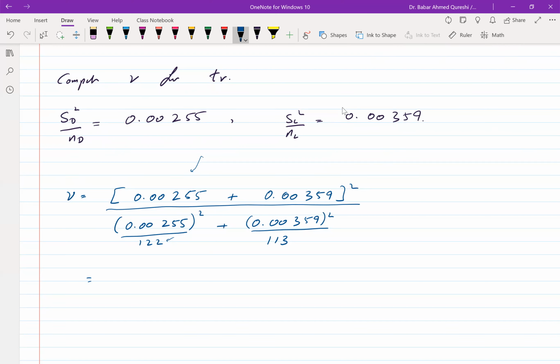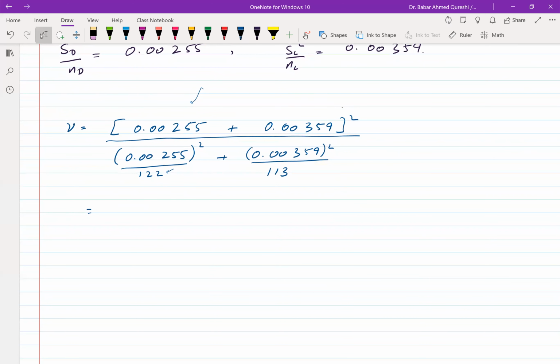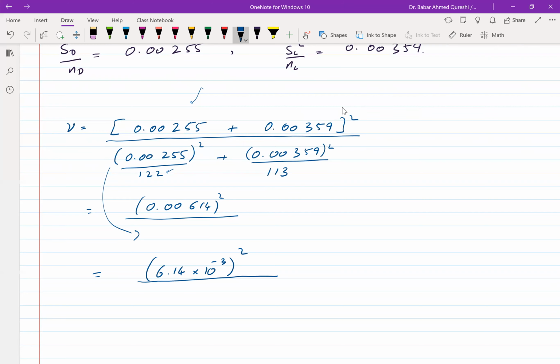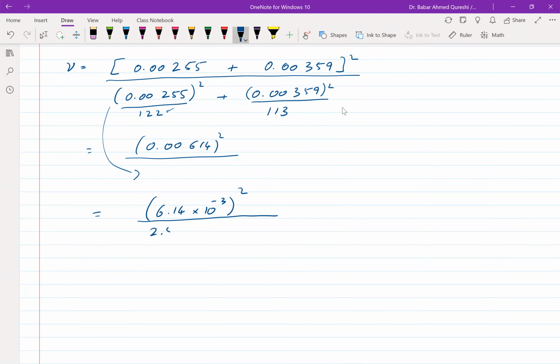Now when I add these, I get 0.00614 squared and the same number here. But I'm going to write it like this: 6.14 times 10 to the minus 3, squared, and 2.55 squared plus 3.59 squared over 113. And in both cases I had a 10 to the minus 3, which I have taken common.